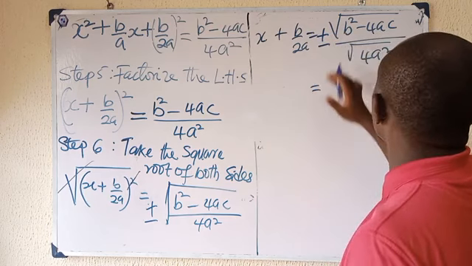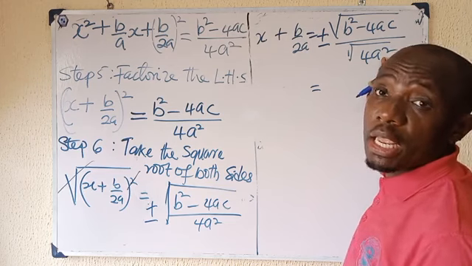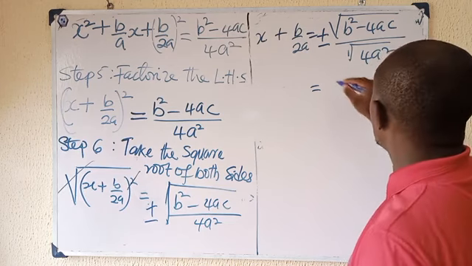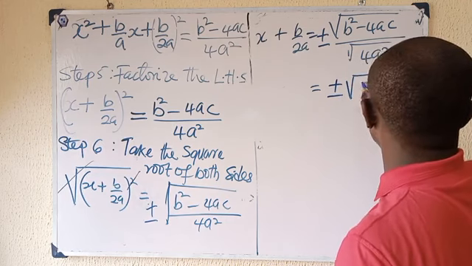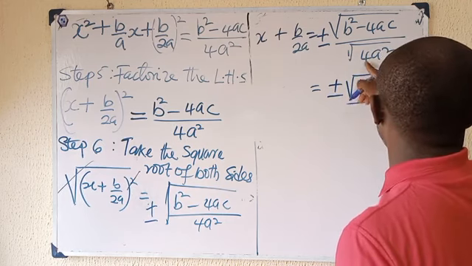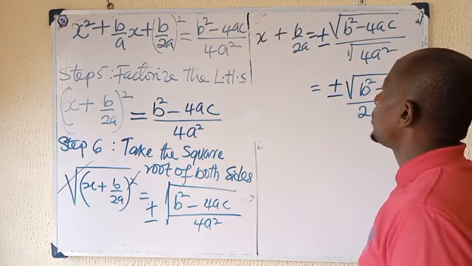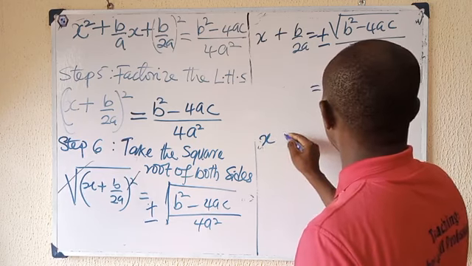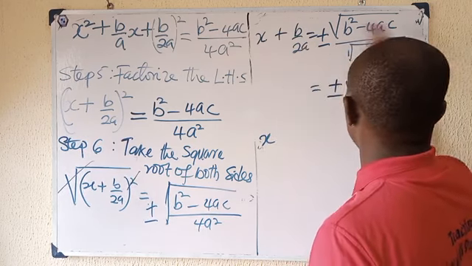Okay? So now, square root, if you square root 4, you get 2. If you square root a squared, you get a, right? So this expression will now change to plus and minus the square root of b squared minus 4ac, everything divided by the square root of 4, we have 2, a squared, we have what? a. So x, we're going to move this b over 2a to the right hand side.